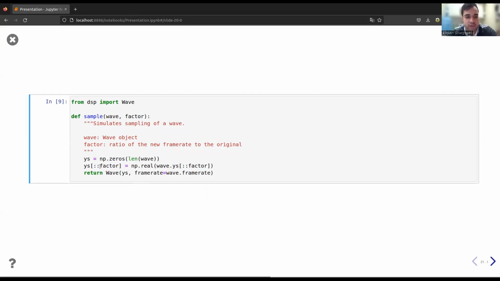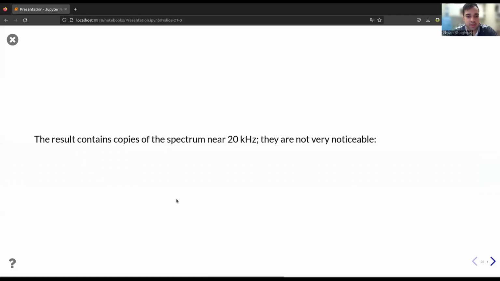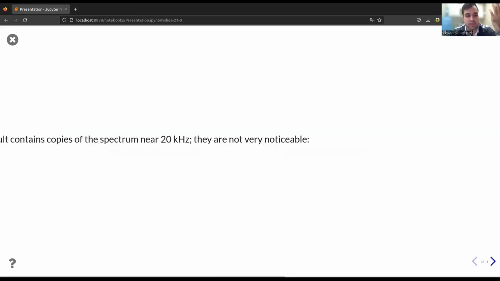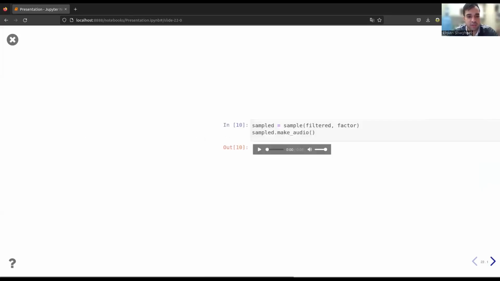Basically, we hop every 3 samples. We just drop the 2 other samples, and the rest of it is 0. So let's see what happens after we make such a downsampling.